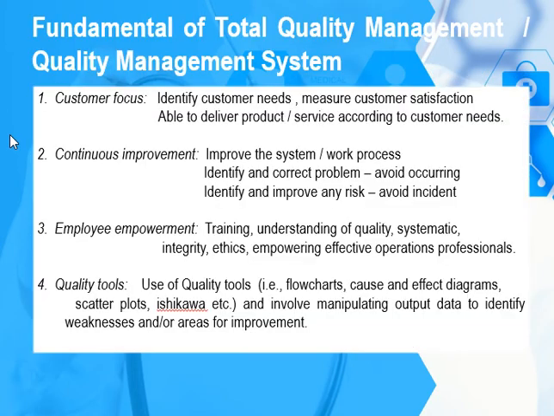Therefore, there are 7 fundamentals of total quality management system or quality management system. So we go one by one. First, it is the customer focus. Okay, it is customer oriented.